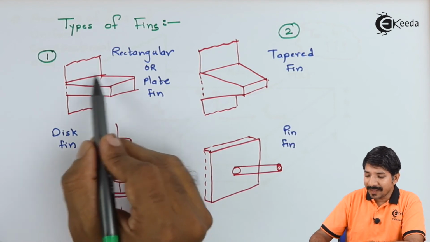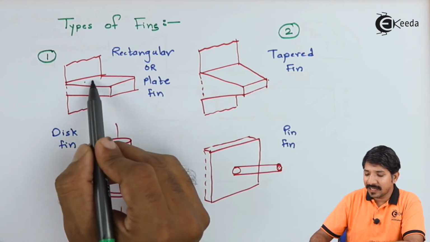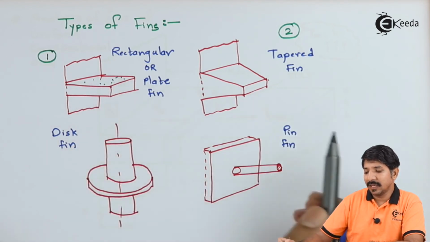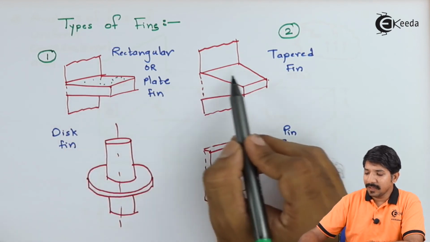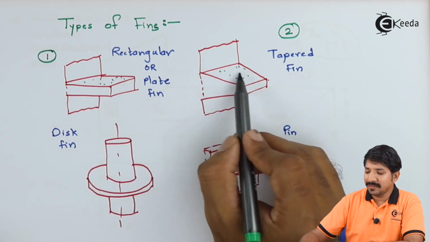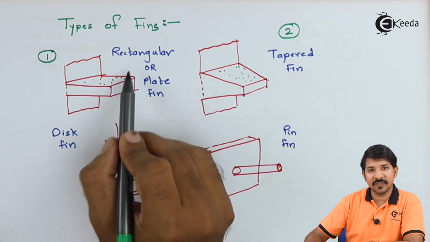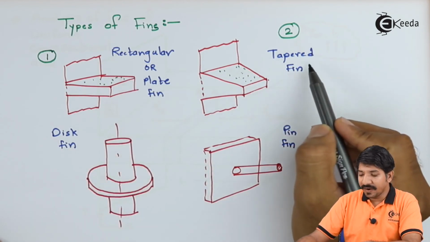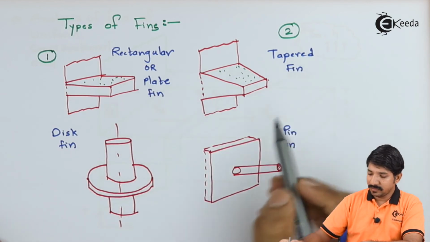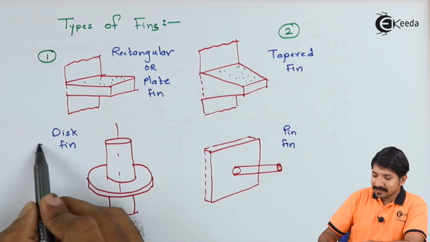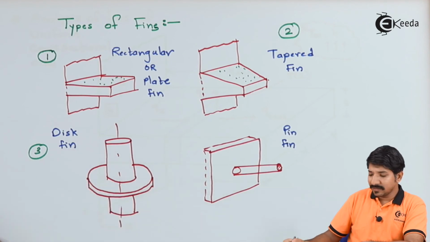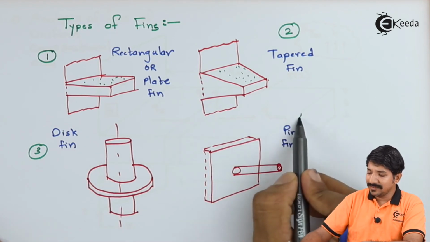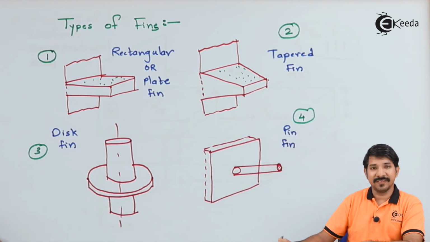Here we are basically trying to increase the surface area. If I make it a taper, my surface area will be increased by more as compared to a rectangular one. So in some cases the tapered fins are preferred over the rectangular fins. The third one is disc fins, and the fourth one is pin fin.